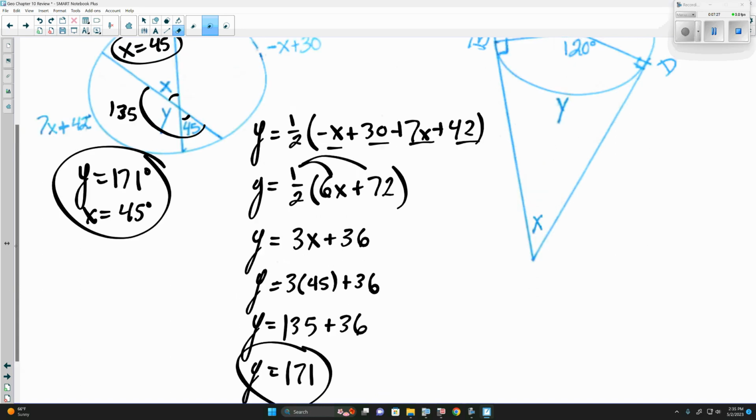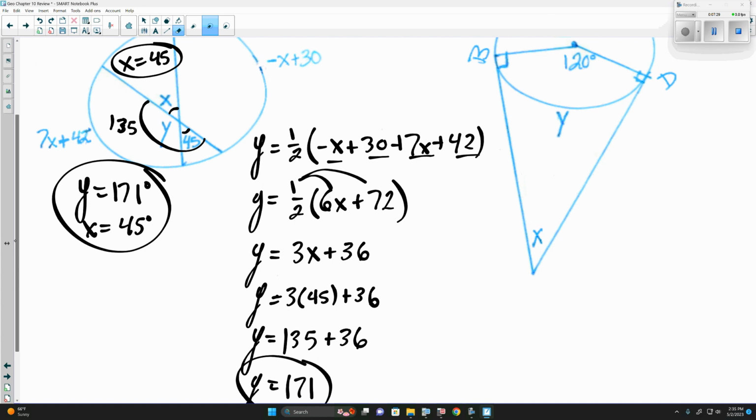Yeah. Because I think the back of it says 135, doesn't it? For y? Yeah. I think I just need to recheck the paper because we didn't even really need to do the calculations for that. You're good.